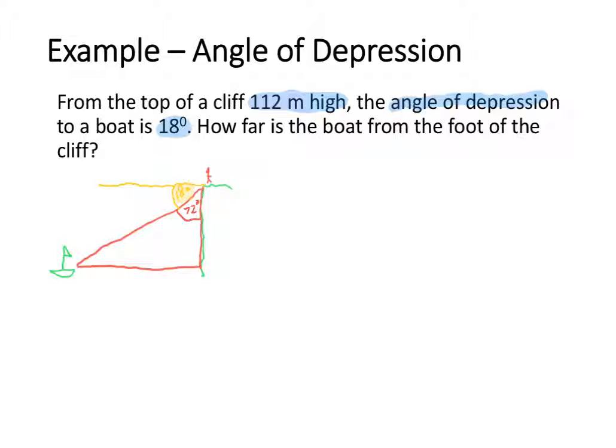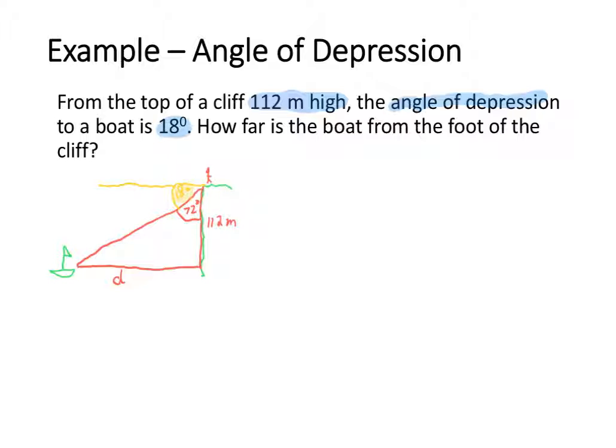I know that my cliff is 112 meters high, and I want to calculate how far from the cliff to the boat, which I'm going to label D. So now that I have my right angle triangle and I have an angle and a known side, I can use my trigonometry understanding to calculate my missing side.